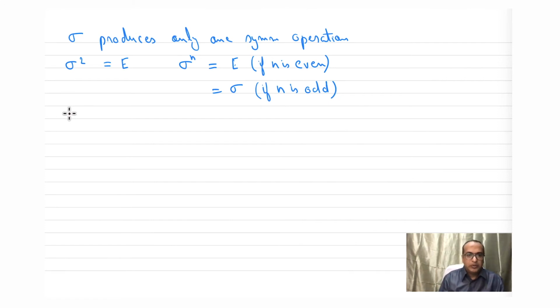Okay, so now defining the other three categories. Sigma v is called the vertical plane of symmetry.